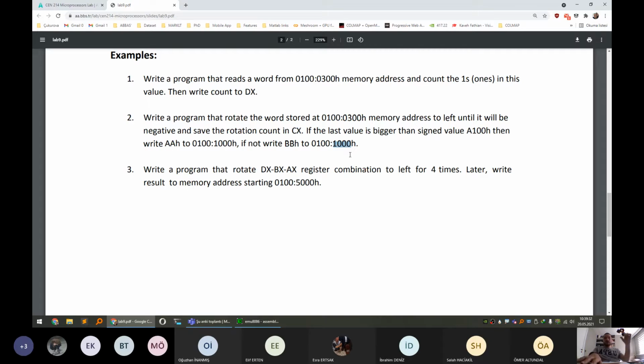So the question has two parts. We need to rotate left until it becomes negative, and when we find the counter in CX, we need to check if the value is bigger than 100 or not. Okay, let's write this program.